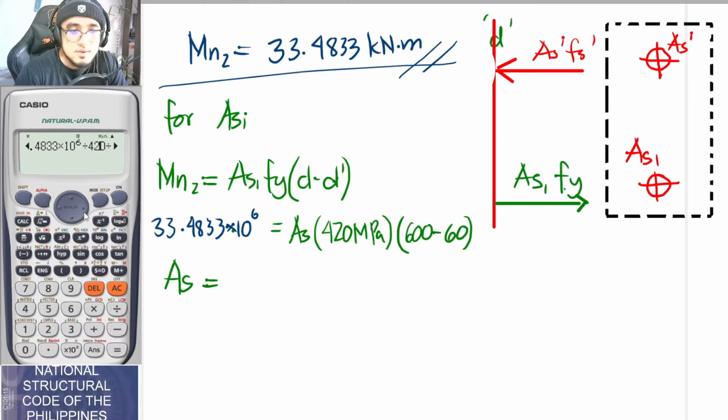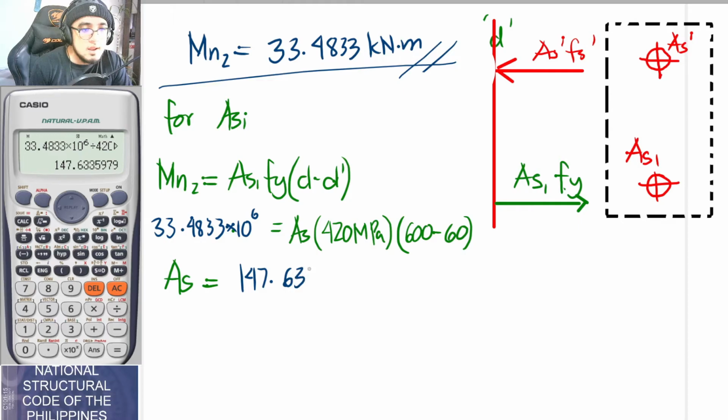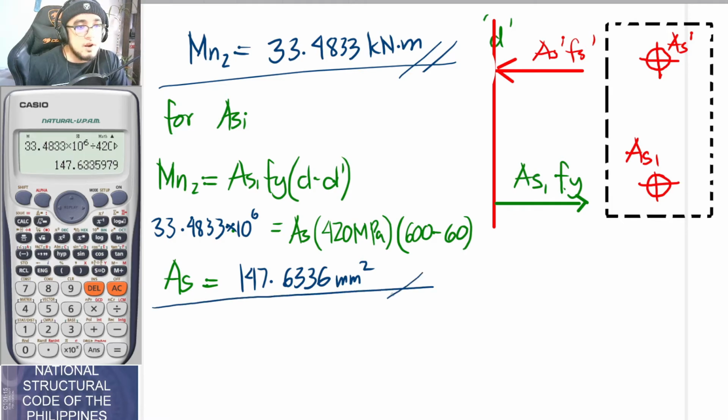Okay, so with that, our AS required is 147.6336 millimeter squared. So this is the value of our AS1.